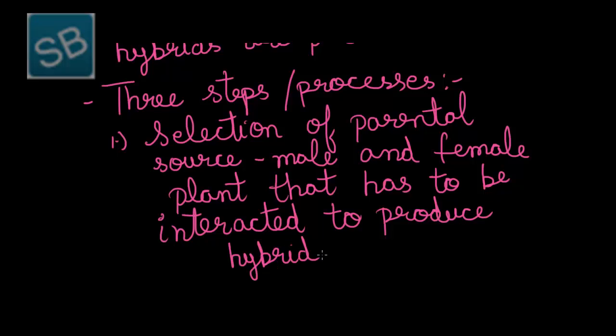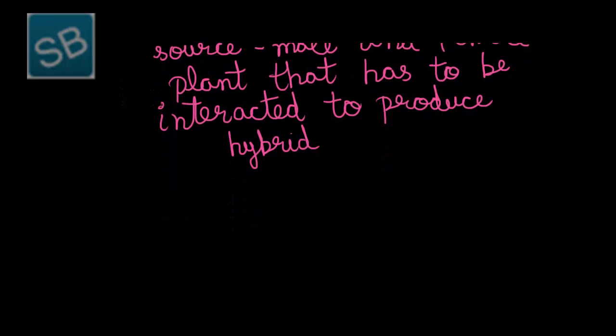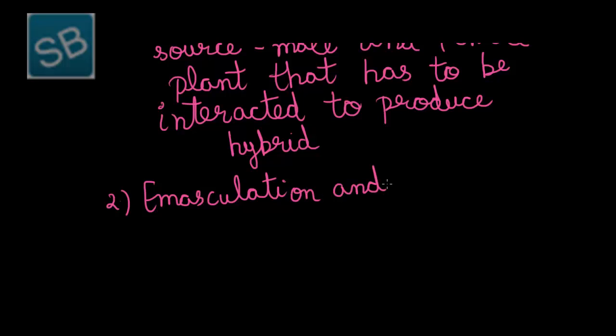Then the second process following it is known as emasculation and bagging. Emasculation and bagging are the techniques in which the female parent and the anther are split off. That is, the male and female parts are separated from each other in bisexual flowers.